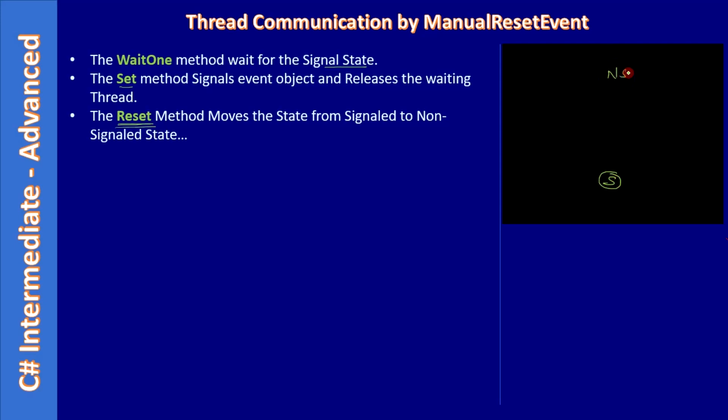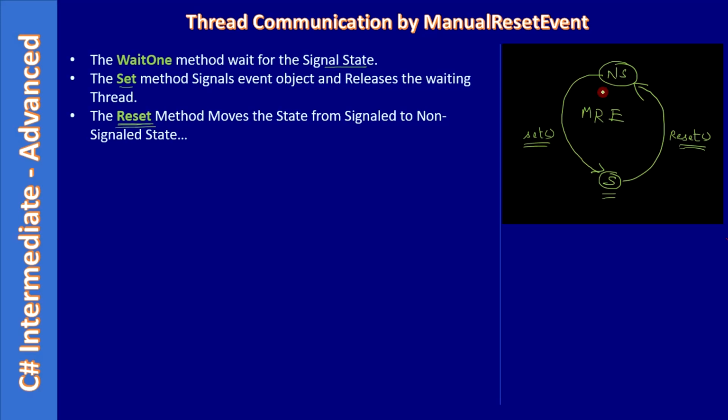So as we saw previously, signaled state and non-signaled state. From non-signaled state to signaled state, we can achieve it through the Set method, and it will be in a signaled state till you call Reset. So this is not auto reset, this is a ManualResetEvent class. So it's up to us to call Set as well as Reset, thereby changing the object's signaled and non-signaled state.